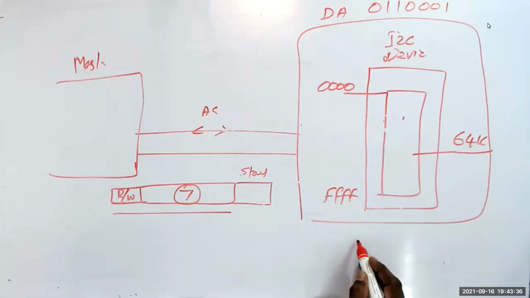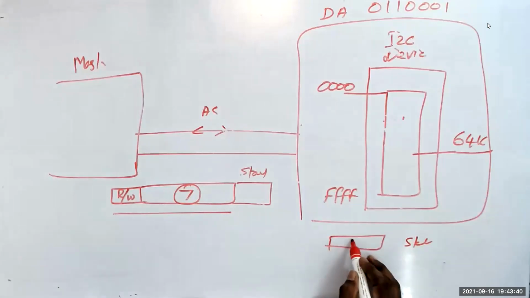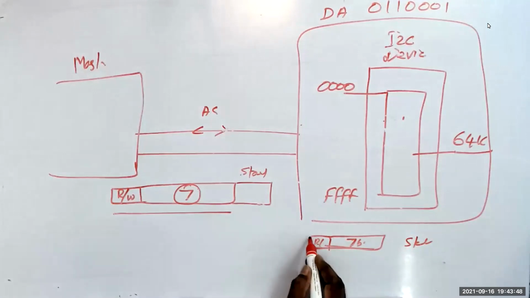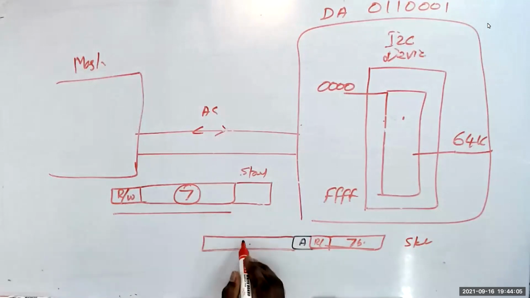Now, what will I do here? After sending this start, the 7-bit device address and the read write, I get acknowledgement. Then I give an 8-bit. This is 8-bit, not 7-bit.